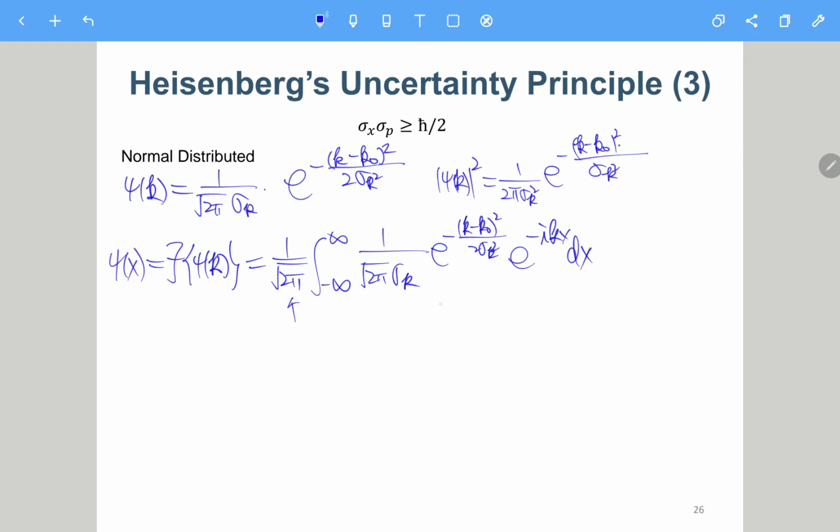And of course we can simply do a change of variable, a substitution, something like k prime equals k minus k0.